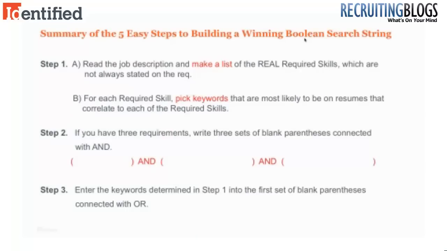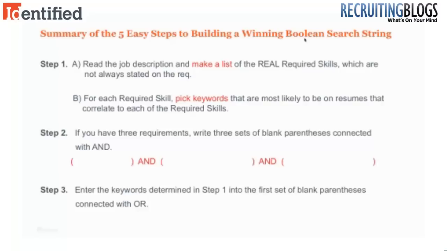These are the 5 easy steps. I'm going to tell you what I'm going to tell you, I'm going to tell you, and then I'm going to tell you what I told you at the very end. If you get a job description, you need to read it and find out what are the real required skills and what's not real.